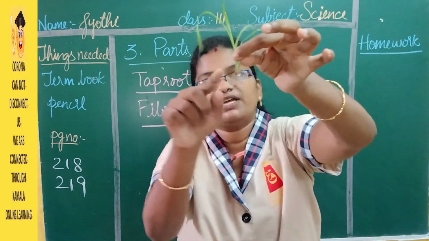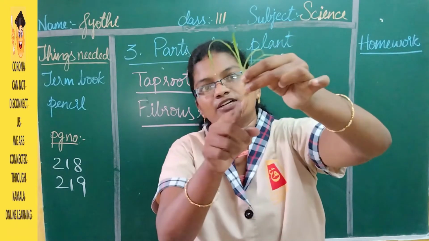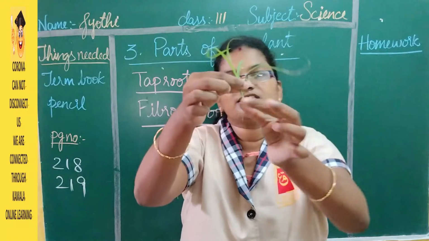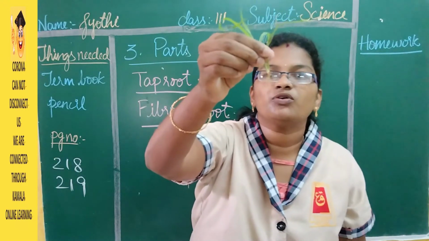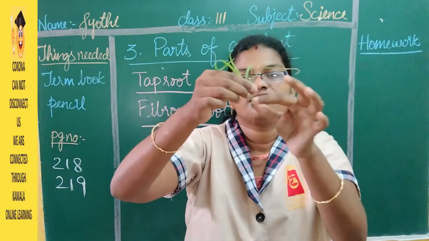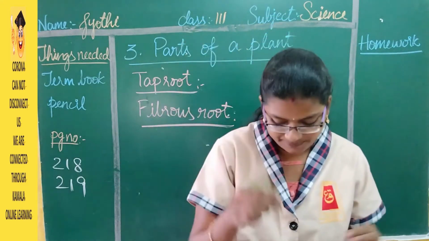Here is the main stem. From here onwards, the stem is going to start, right? From here, so many hair-like structures start growing. They look like clusters, like a big bunch. So this is the fibrous root.